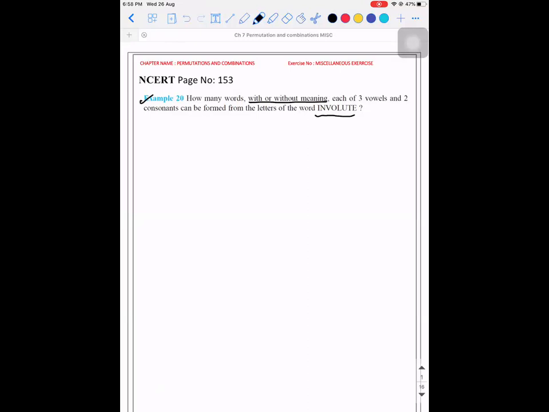Out of the 8 letters, how many vowels do I have? 4. What are the 4 vowels? I, O, U, E. And how many consonants are there? 4. What are they? N, V, L, T. So you have 4 and 4.